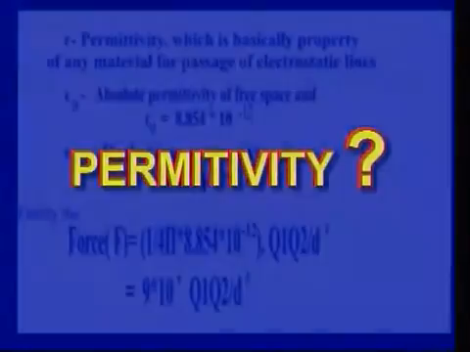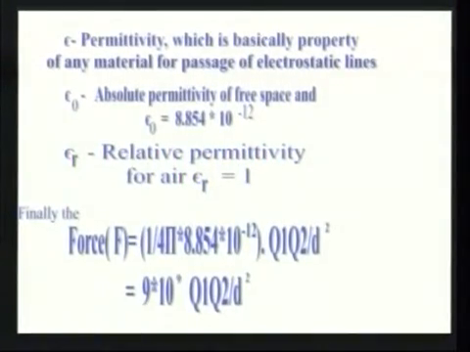Next we will see what permittivity is. Permittivity is basically the property of any material for passage of electrostatic lines. Epsilon naught is the absolute permittivity of free space, and its value is 8.854 into 10 to the power of minus 12.